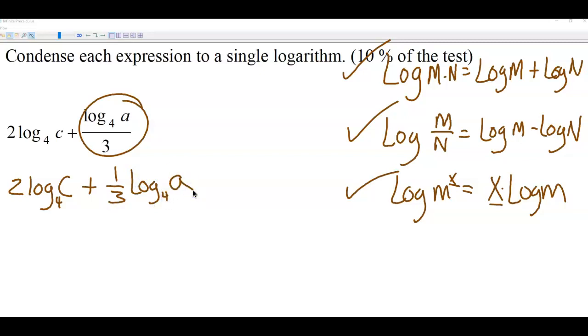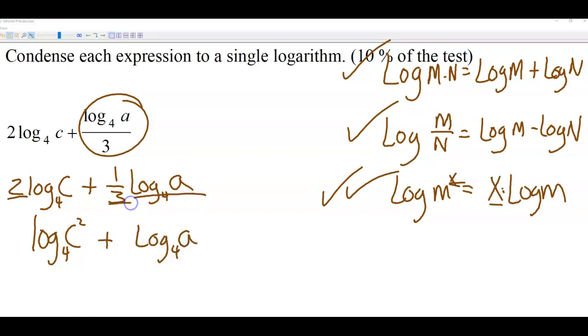Then I'm going to apply the reverse of rule 3 here, where I have a number in the front, but I'm going to move it to become a power on the argument. So this one is rewritten as c to the second power, and this one is rewritten as a to the 1/3 power.